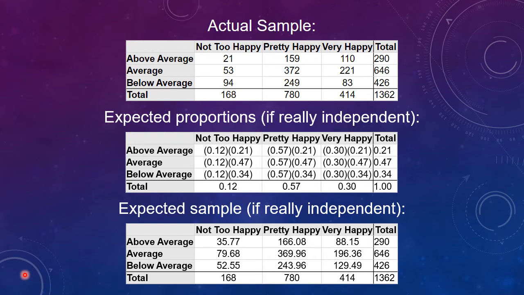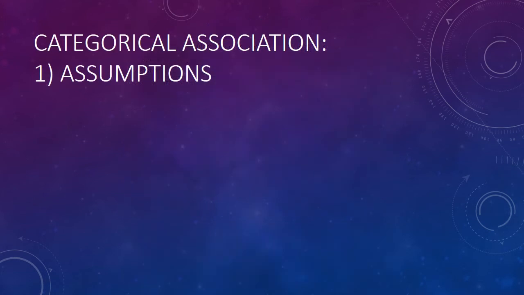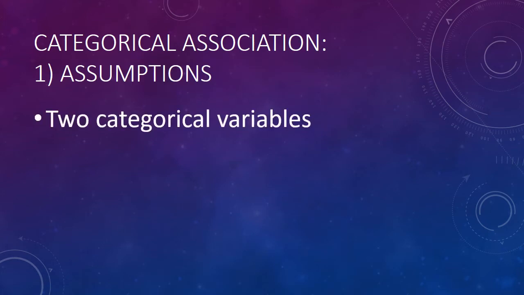Then, using the total sample size of 1,362, we can find out how many people we would expect to be not too happy and to have above average income in a sample like this one if the two variables really were independent. 2.6% of 1,362 is 35.77. If happiness has nothing to do with income, we would expect the counts in our sample to look something like this table.